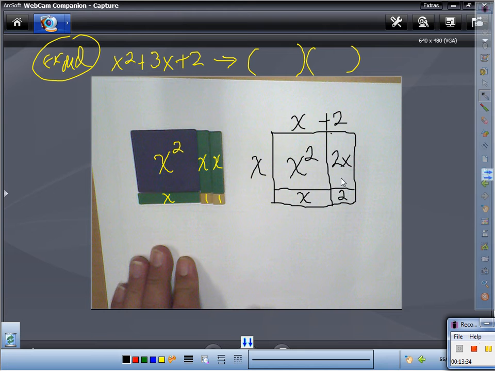Because x times 2 is 2x. X times what gives me x? 1. So, look at this. What do we have here? 1 factor, 2 factors. So my factors are x plus 1 times x plus 2. And we just factored a polynomial using geometry.